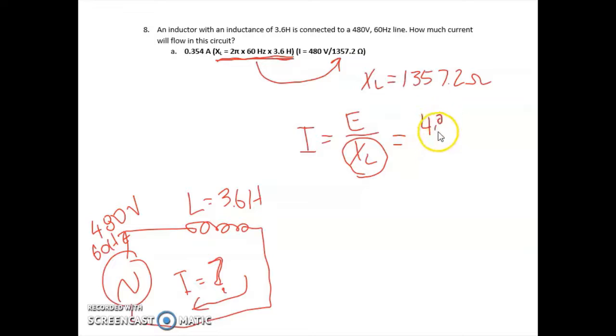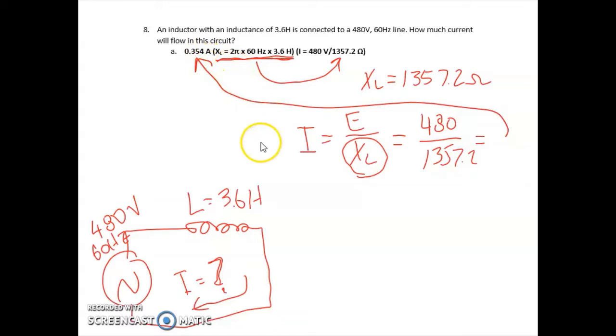And that's 480 divided by 1357.2. That equals 0.354 amps, or 354 milliamps.